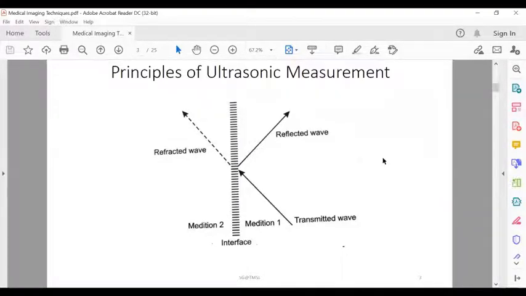In normal applications, ultrasound is focused into a beam which obeys laws of reflection and refraction, as you can see in this picture.